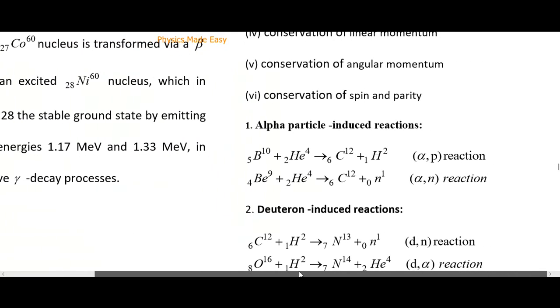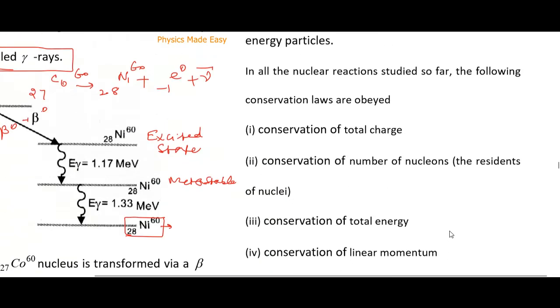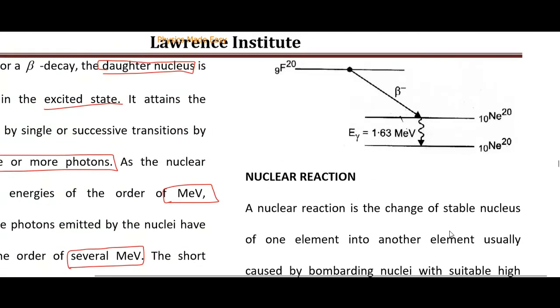Next under consideration is fluorine, another reaction of gamma decay. Here we have 9 fluorine 20. It emits a beta particle and gets converted into 10 neon 20.